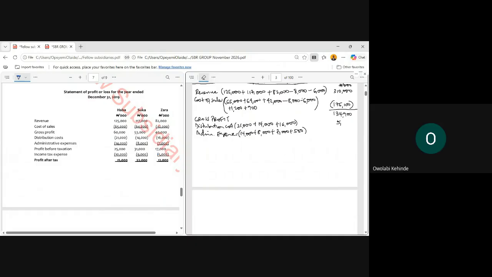$51,000. Okay. And the second one is what? 34,000. 34 or 29? Oh, no, you know that these are expenses. If they are expenses, what is now our profit before tax?